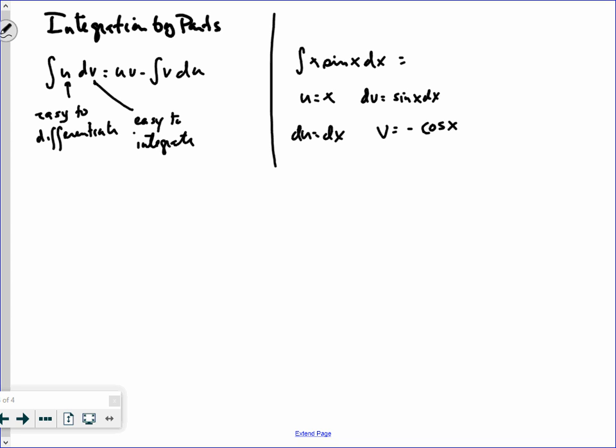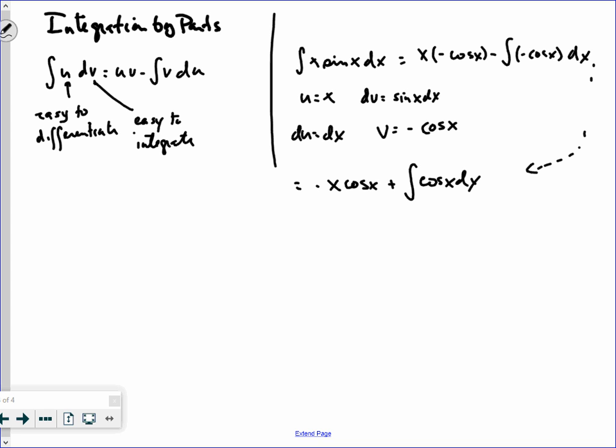Okay, so it's uv: x times negative cosine x, minus the integral of v du. So it's negative x cosine x, and then the minus minus makes it a plus, the integral of cosine.